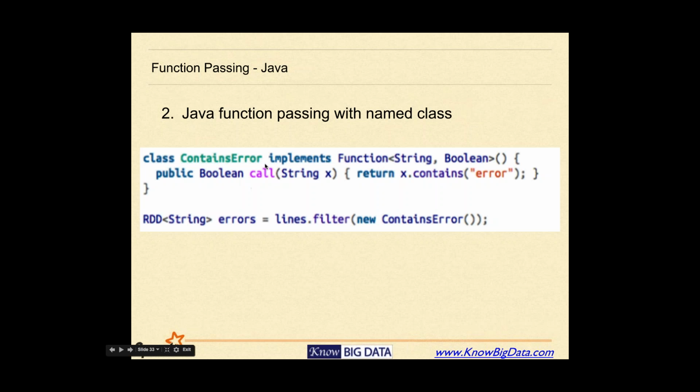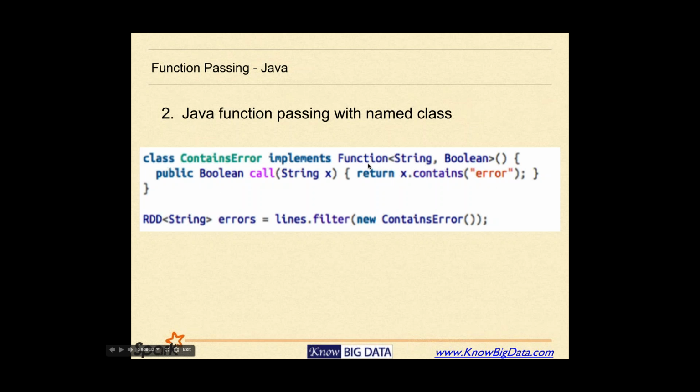By implementing a method called call, and this is the actual work being done. It's returning x dot contains error, which means if x contains error, it will return true, otherwise it will return false. Perfect.